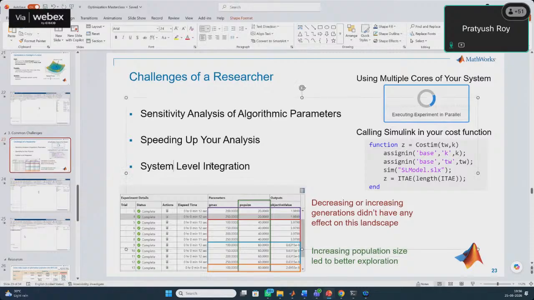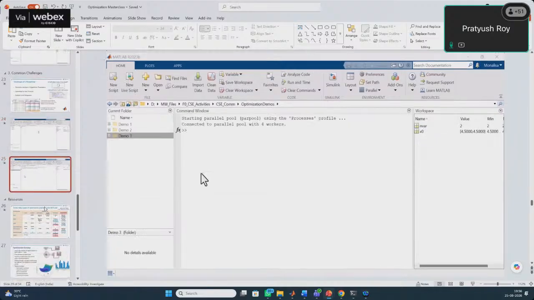And we also looked at how you can do system-level integration, in case you have an electrical or mechanical or any scientific system built in Simulink, and embed the optimization algorithm in that system to come up with optimized parameters. Okay, now, I think these were covered.